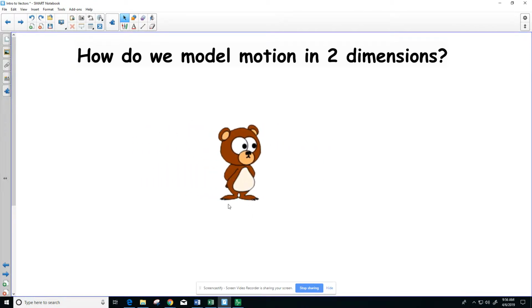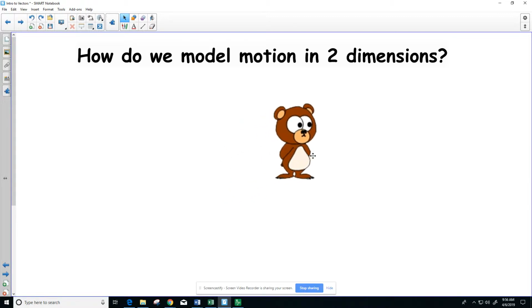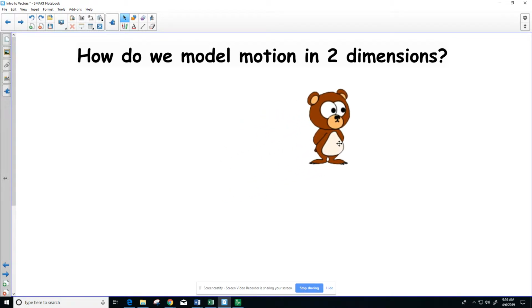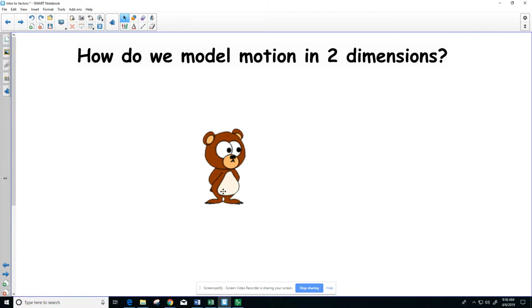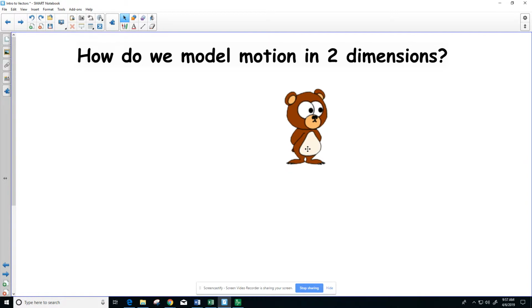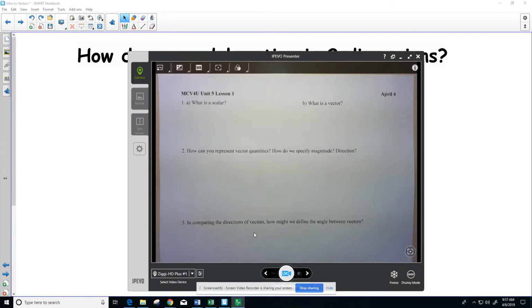So we need to find a way to not only say that Broccoli Bear has moved 10 centimeters, we need a way to describe the direction in which Broccoli Bear moves. And so that's why we need the concept of a vector. A vector is a quantity that contains both the numerical component, in other words, the 10 centimeters, but also the direction in which Broccoli Bear is moving. Whereas what's a scalar quantity? Well, a scalar quantity is something that can just be described with a number.